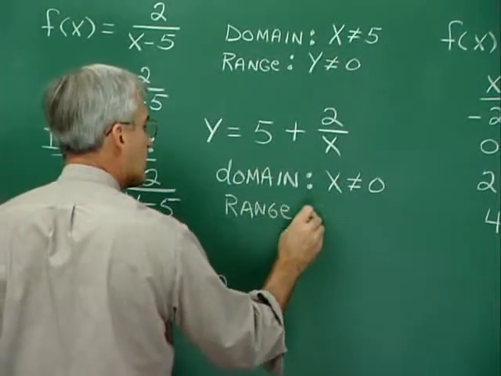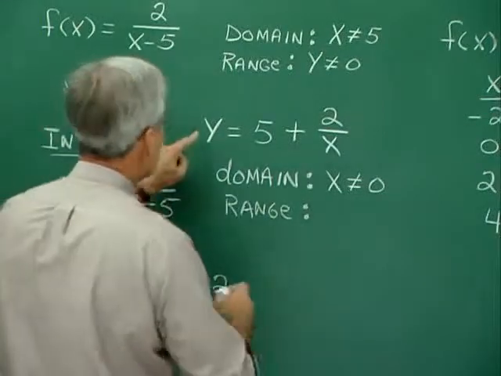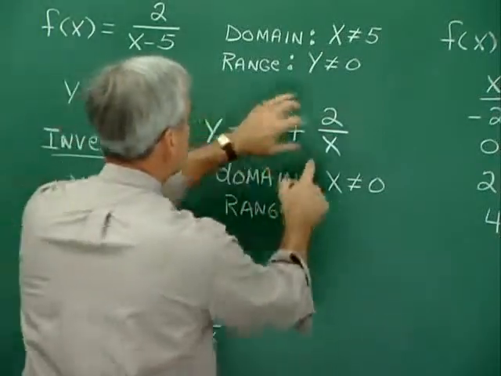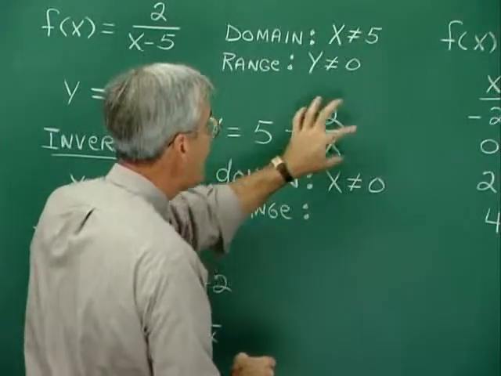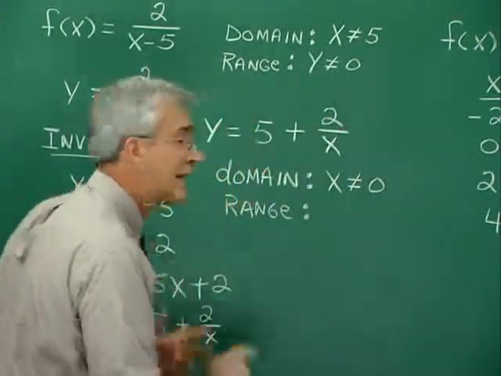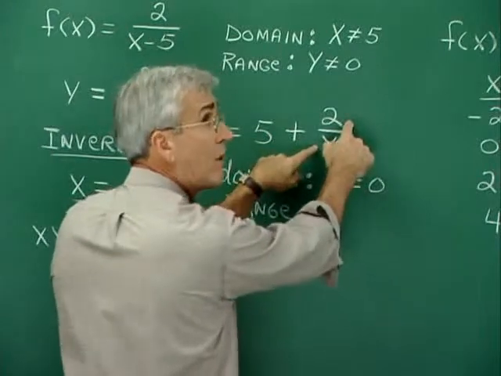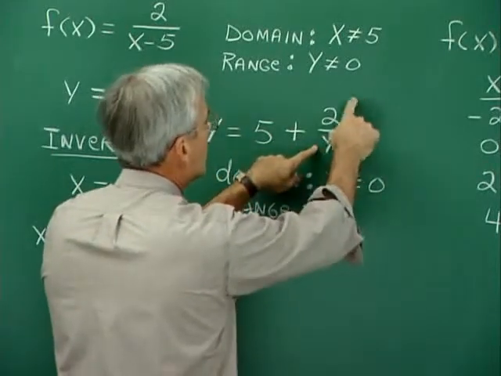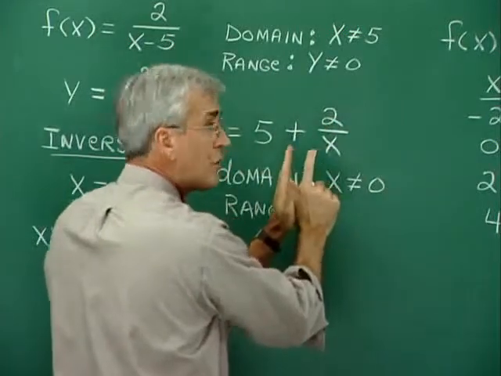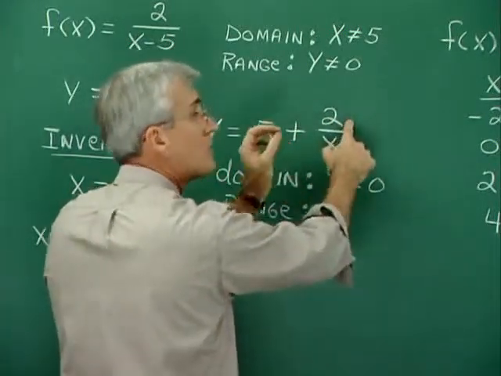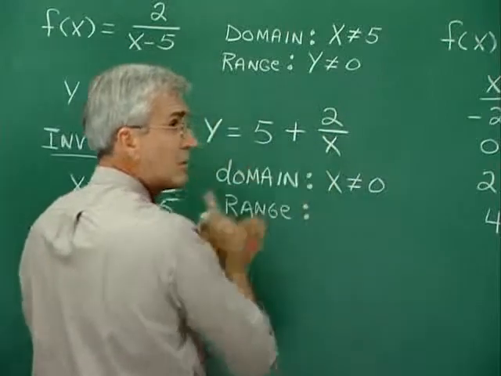What about range? Well, let's see. What values can y take on? We have 5 plus some fraction over here. But the fraction, we know, can never become 0. It can't become 0 because there's no variable which can take on a value which will cause the numerator to become 0 and therefore the fraction to become 0.